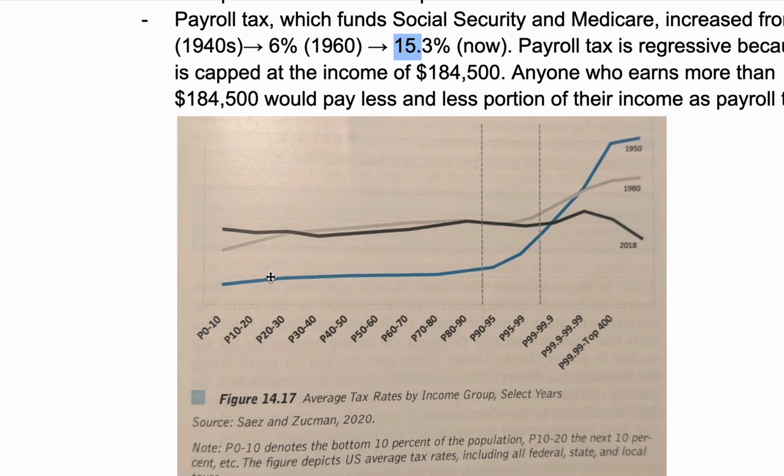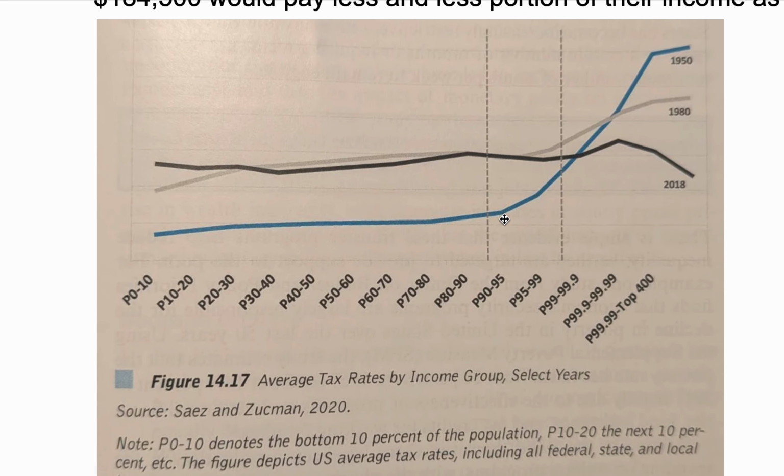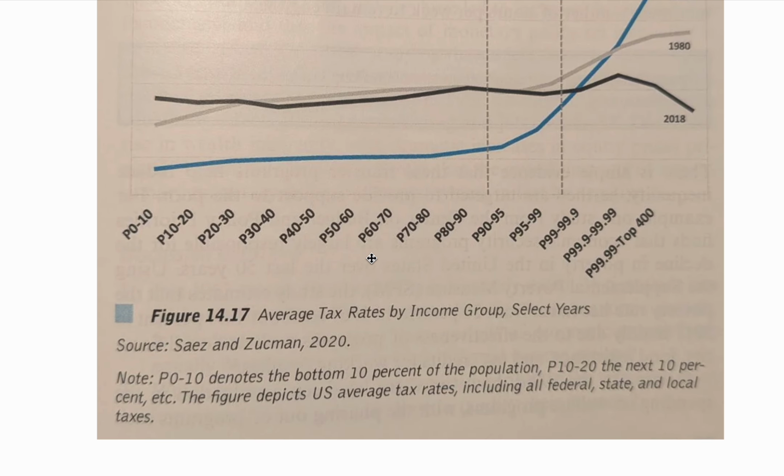As a result of this, we have this very interesting graph that shows effective tax rates, average tax rates by income group. So I think this represents the bottom 10% of the population.